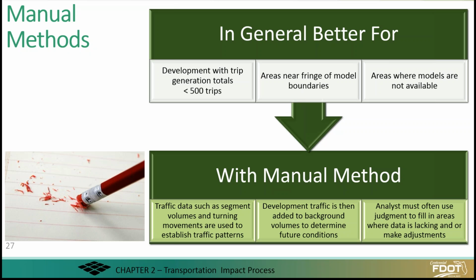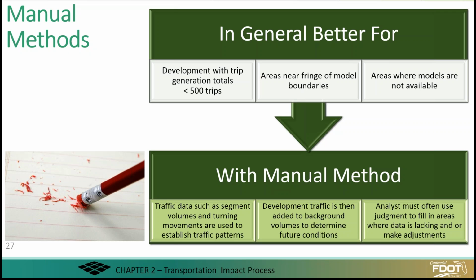All right, so manual methods in general are better for smaller developments when you're not anticipating a very large number of trips, so less than 500 trips. And the rationale for that is that the effort involved in setting up a computer model just for such a small project may not be worth it versus doing the simple calculations by hand.